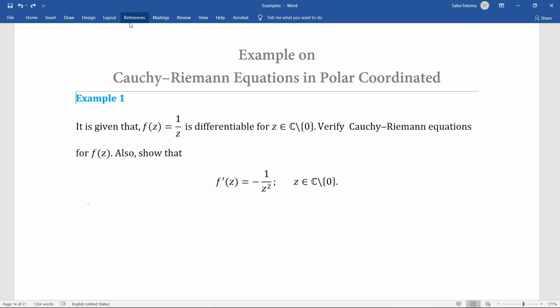Let's come to the example. It is given that f of z equals 1 over z is differentiable for all z except the origin.